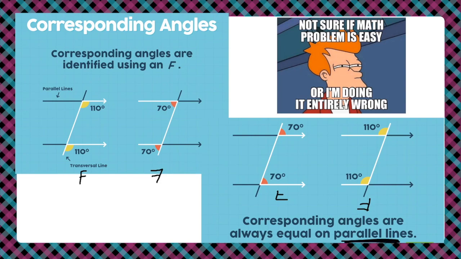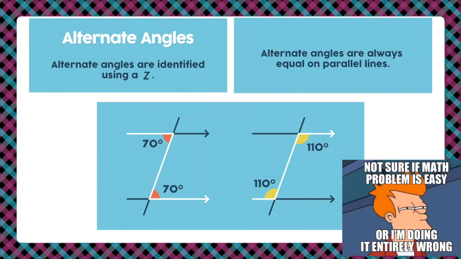It's that easy. If we have parallel lines, corresponding angles are just equal to each other. Next, we had alternate angles, and we're looking for the Z. Here we have a normal Z, and a backwards Z. If it's parallel lines, they're just equal to each other. Again, super easy.